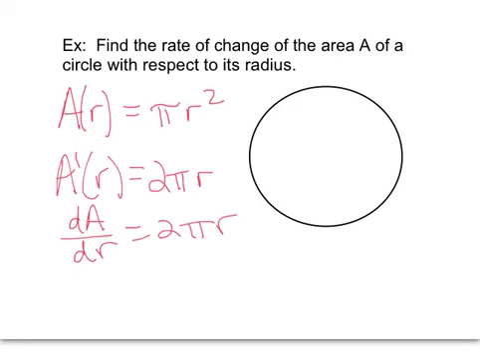So the amount of area that's adding with a 1 centimeter change is changing too. It's not fixed. Every time we go out a centimeter, we don't just add 5 square centimeters. If we go out a centimeter here, we might add 6. And then a centimeter here, we might add 7, and so on. So the amount of change is actually growing, which is why we have a function that tells us the amount of change at a certain size of circle.